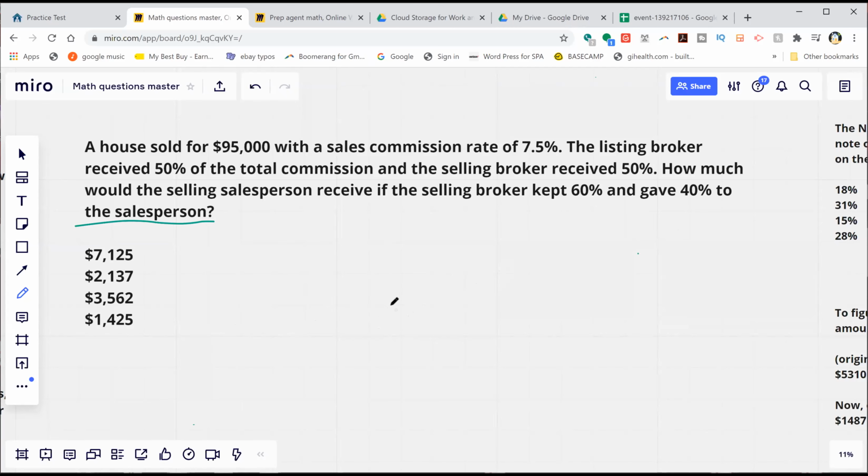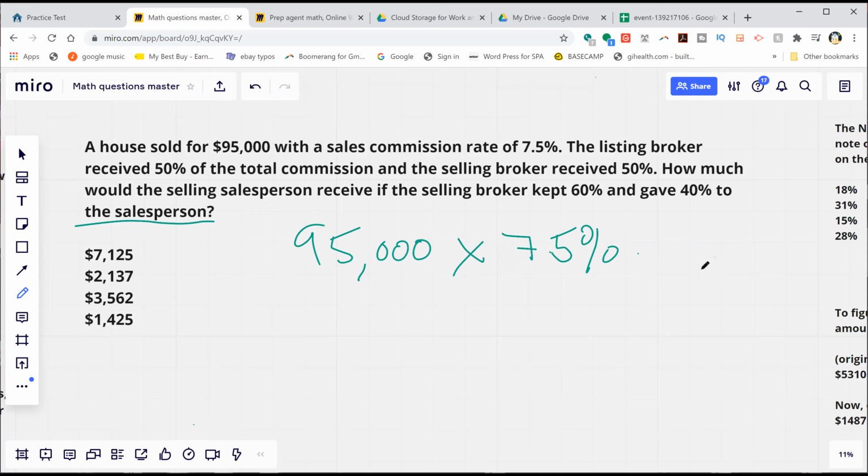So guys, what is the first step going to be? It's going to be $95,000 times 7.5%.